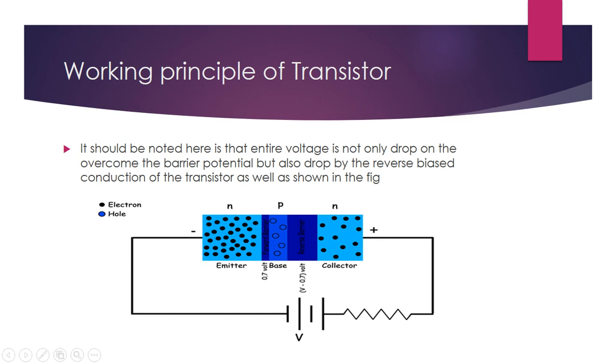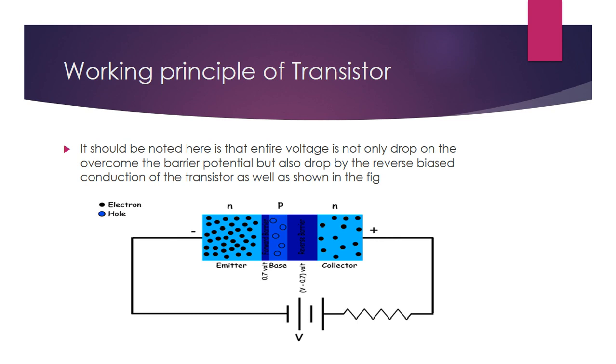If we want to cross this region and start conduction across the transistor, then we should supply 0.7 volts, which is also known as barrier voltage or barrier potential, to overcome the depletion region and allow electron transfer from N to P type material.